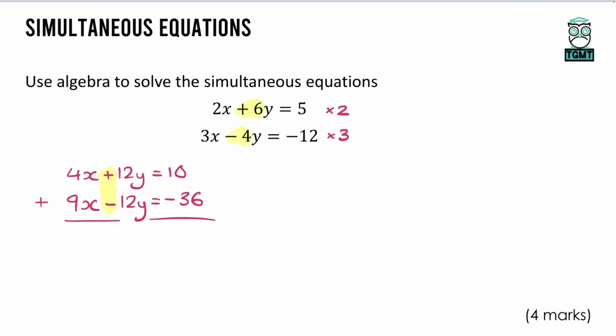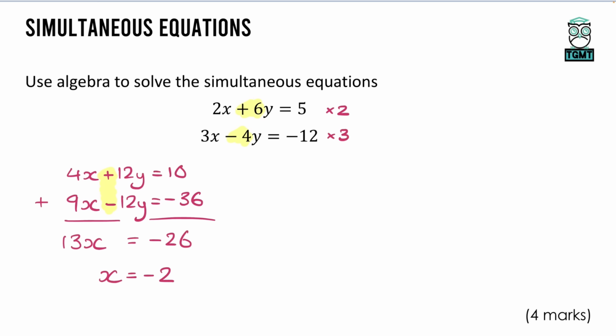So we're going to add these two equations together, and that leaves us with 13x is equal to, and 10 take away 36, because we're adding -36, gives me -26. Now that's good, because 13 does go into 26, don't forget it's negative there, so x is equal to -2.